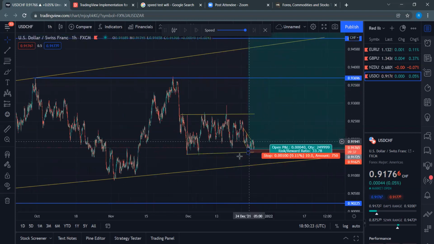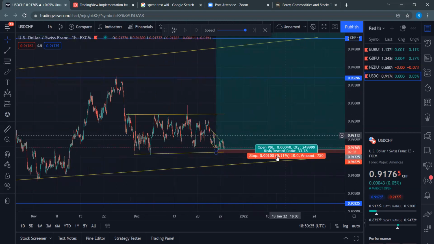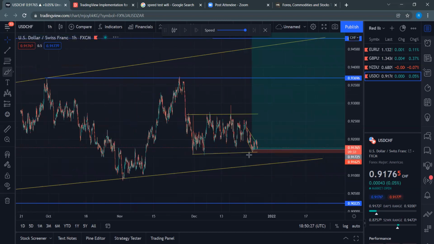I'm actually waiting for a push to the upside. We'll see how it plays out. So for this one, I was skeptical because there's a possibility that we might get a first touch here and then go up. So I was a bit skeptical. Other than that, there's nothing much.